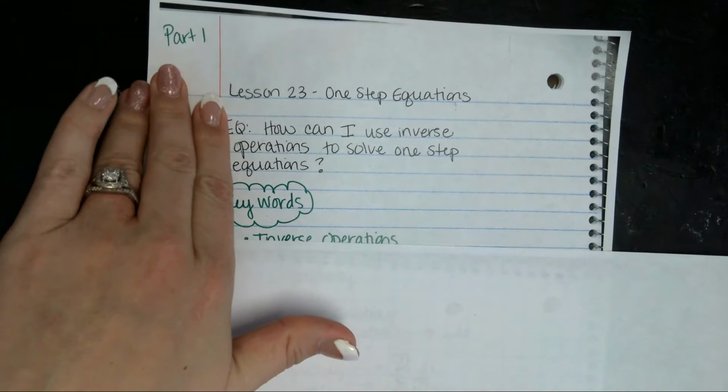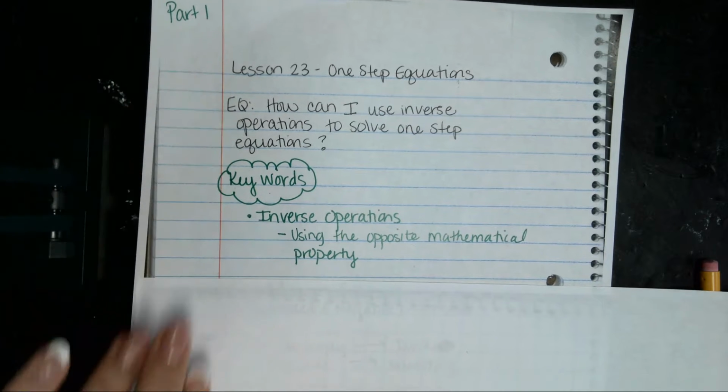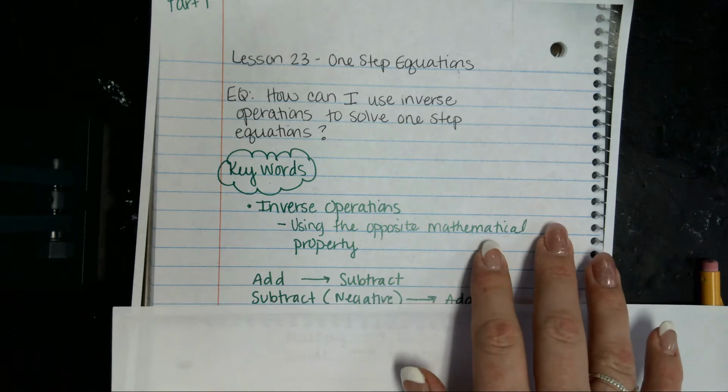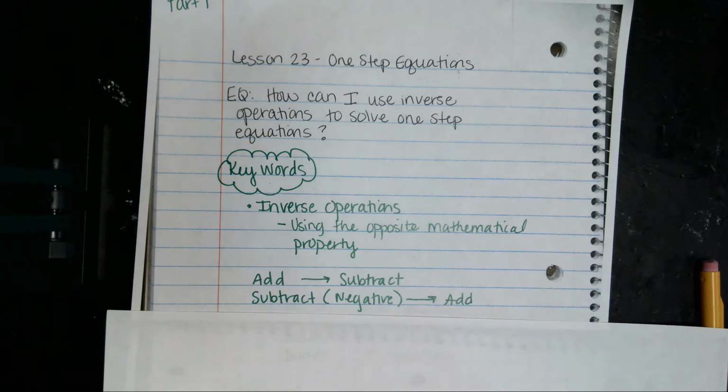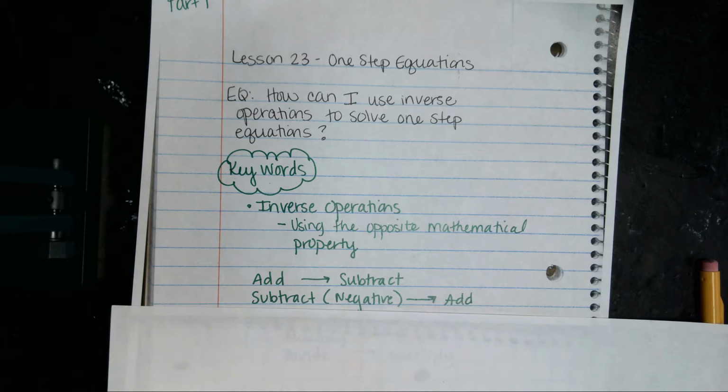Now, one of the first things we're going to want to do is have an understanding of what inverse operations are. Okay, inverse operations are operations that use opposite mathematical properties. What that means is this: if I have subtract and add, my opposite of addition would be subtraction.